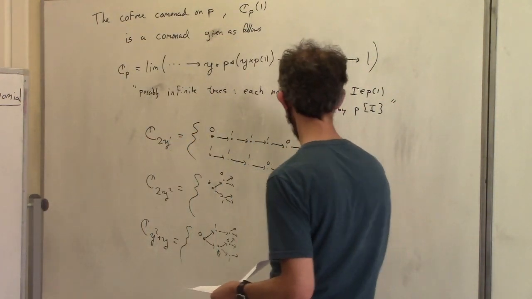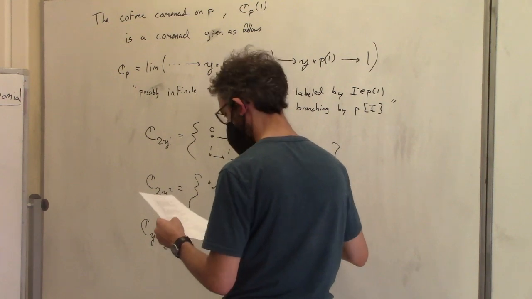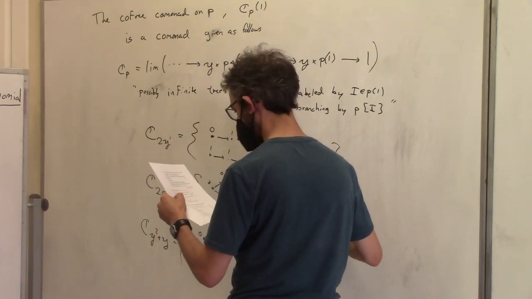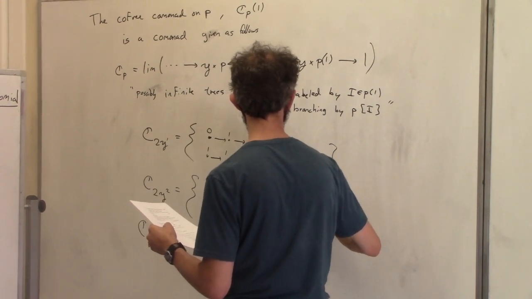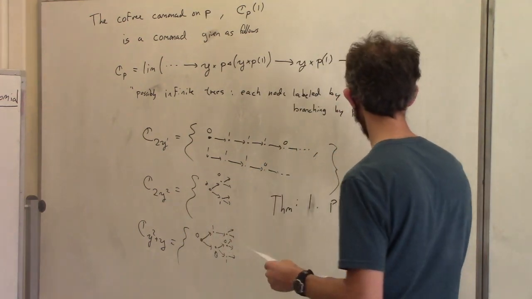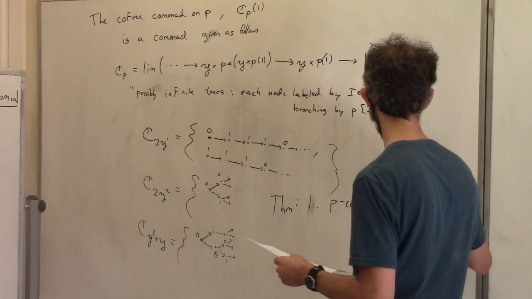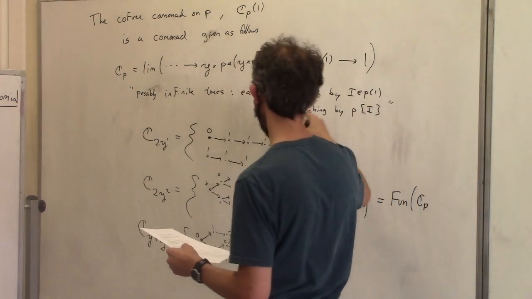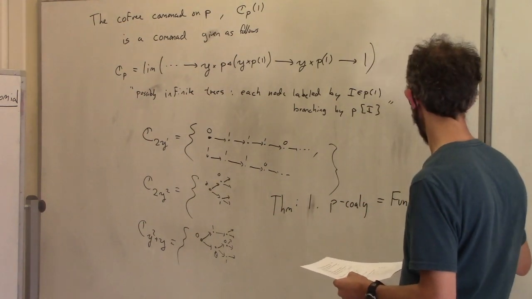Okay, so here's a theorem. The category of p-coalgebras, these dynamical systems, is the same thing as functors from this thing. I didn't tell you this, but this thing is always a category.